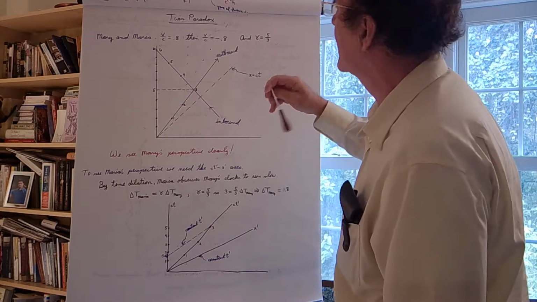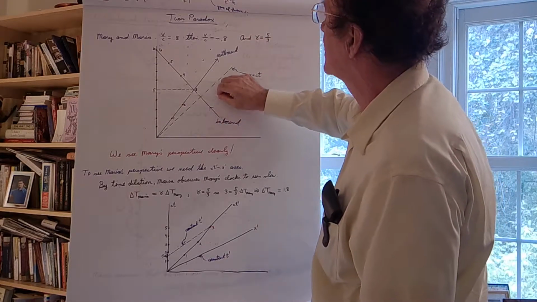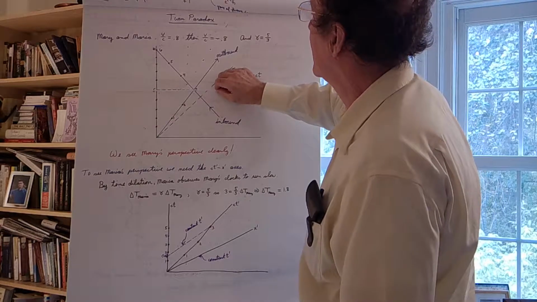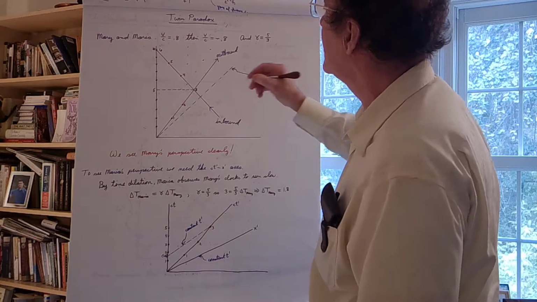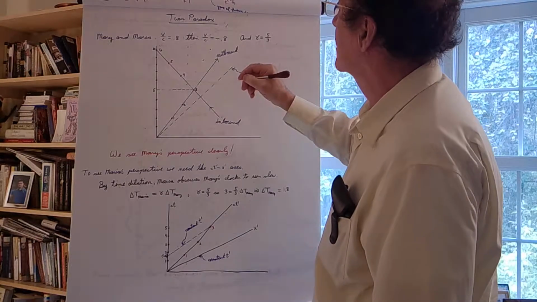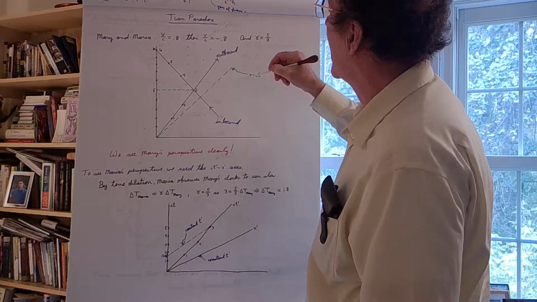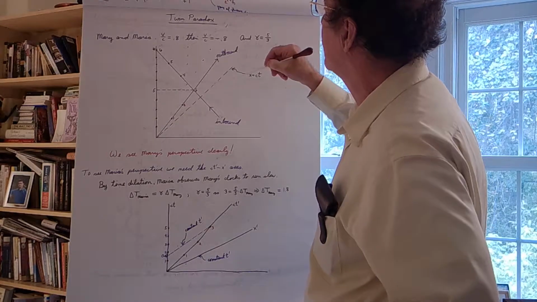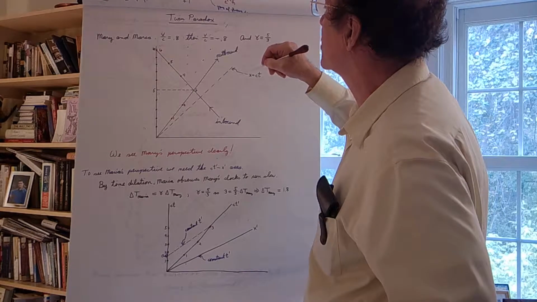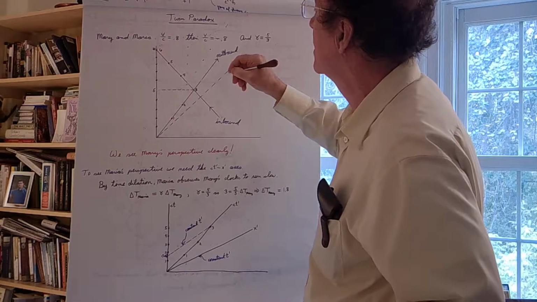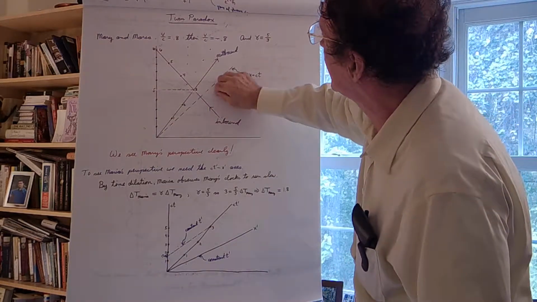And I've indicated that from Mary's perspective, there's a time dilation involved. Gamma is 5/3. So when Maria has aged 3 years, Mary measures those 3 years as dilated to 5 years, and that's indicated here.